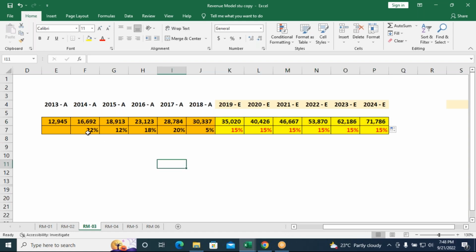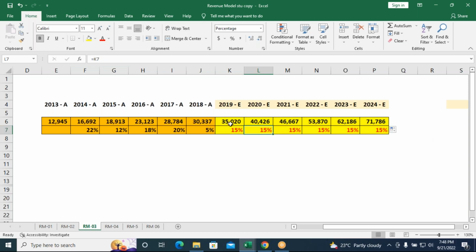When I calculated this 35,020, after 2020, I'm getting one or two slight differences. So you have calculated this properly, taking the previous value, selecting and dragging till the last.